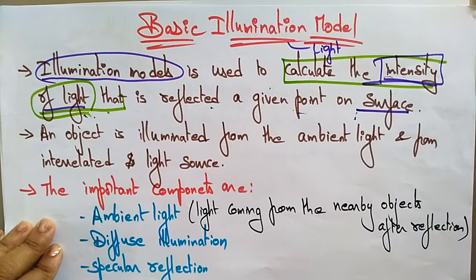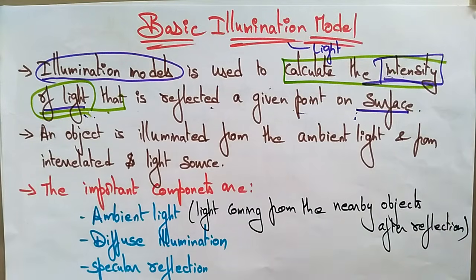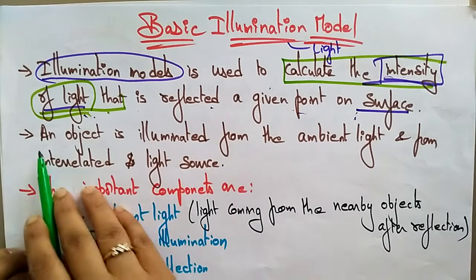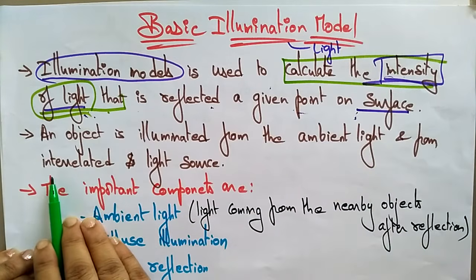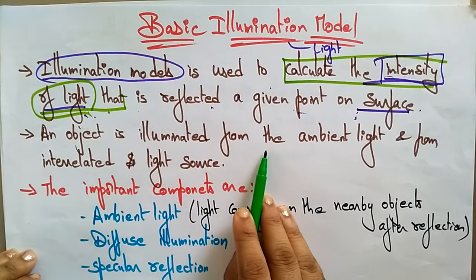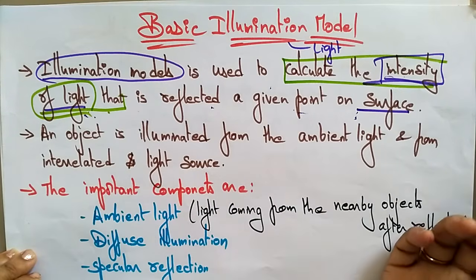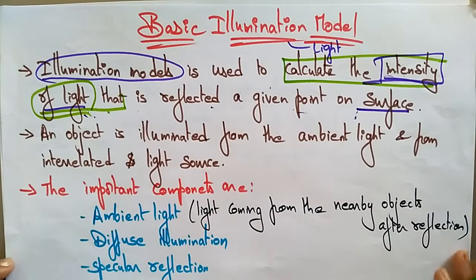How much light it is taking in, and how much light is going to be reflected, needs to be calculated. That calculation is based on different illumination models. An object is illuminated from the ambient light and from other light sources. The object is nothing but a surface, or whatever item you are taking.